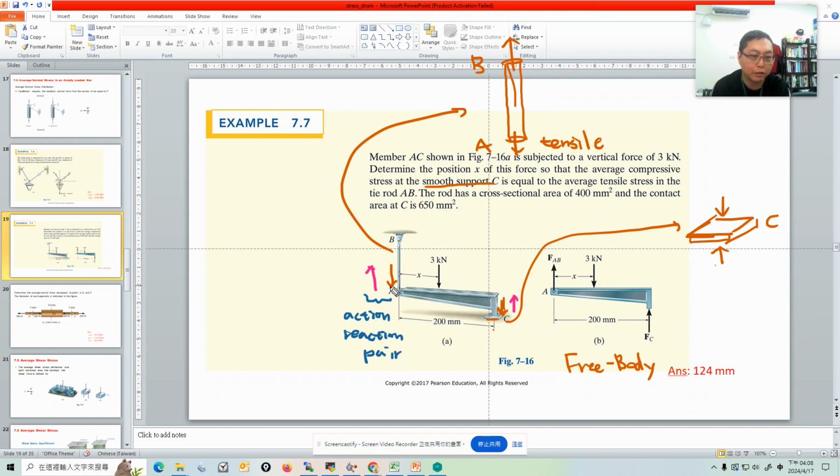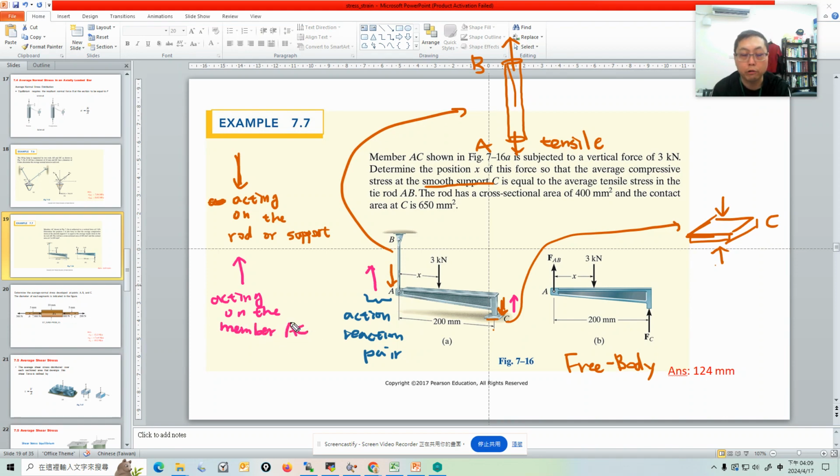To make a clearer explanation, this force is acting on the rod or support, but the reaction force is acting on the member AC.